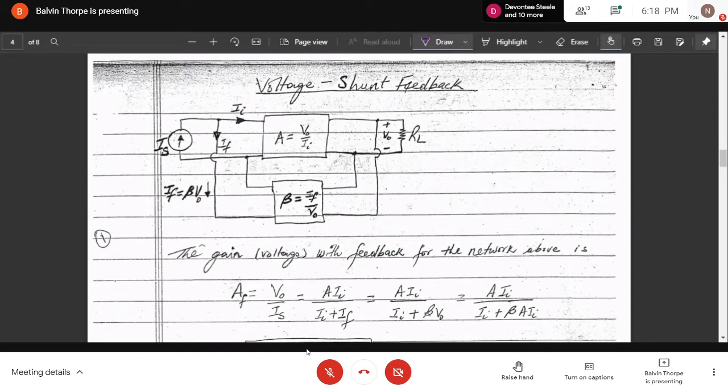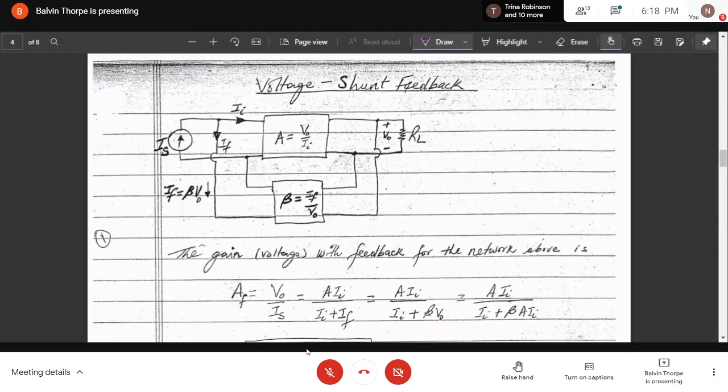In this case, we're taking the output voltage. Series or shunt depends on how you connect the output of the feedback network to the input signal. If you connect it in series with the input voltage, then it becomes a voltage series feedback.